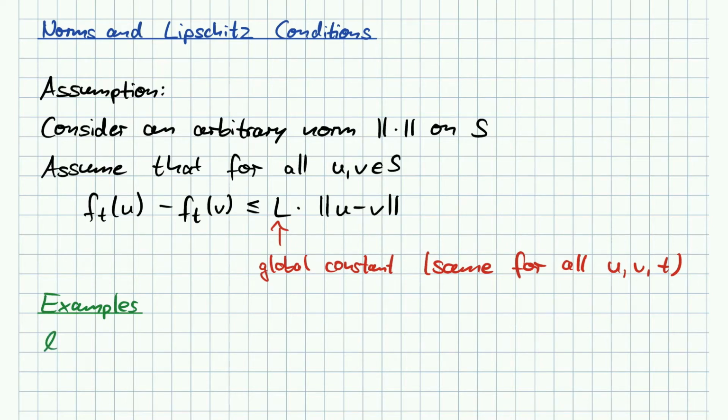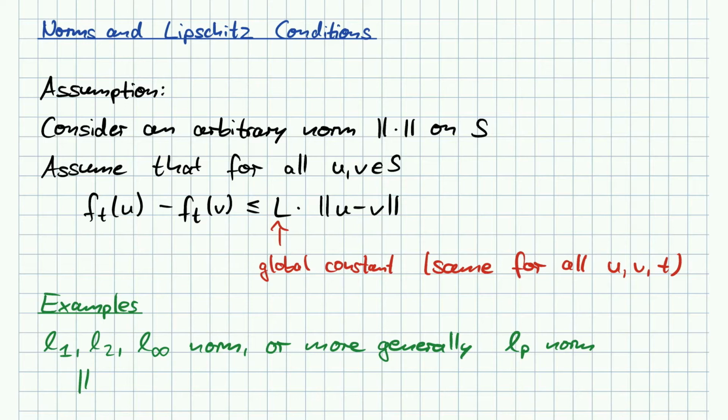We might have the L1, L2, L infinity norm, or more generally, the LP norm, where we would say that the norm of a vector v is nothing but the pth root of the sum of all its components to the power p.